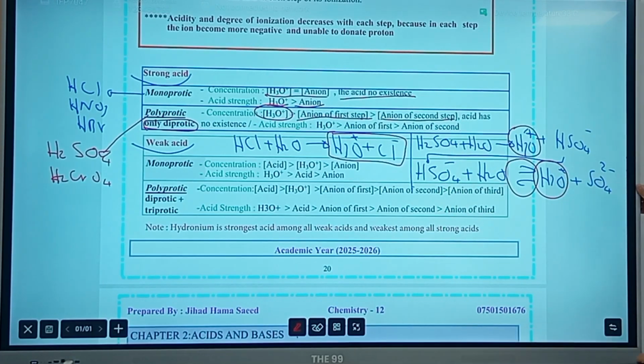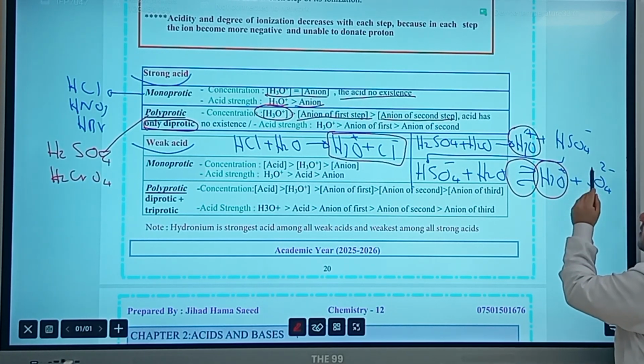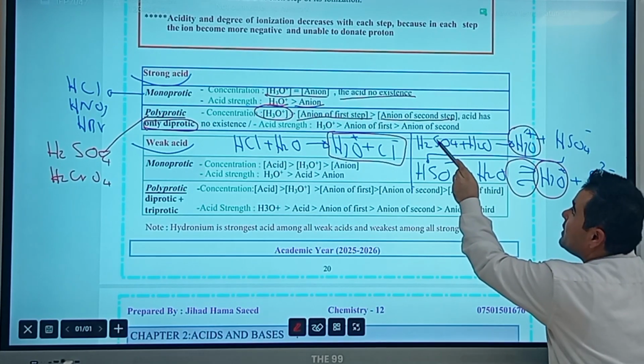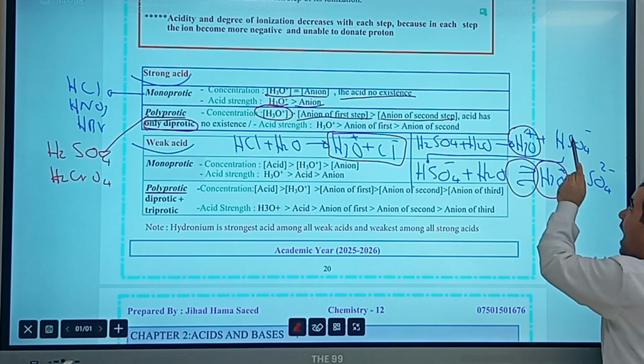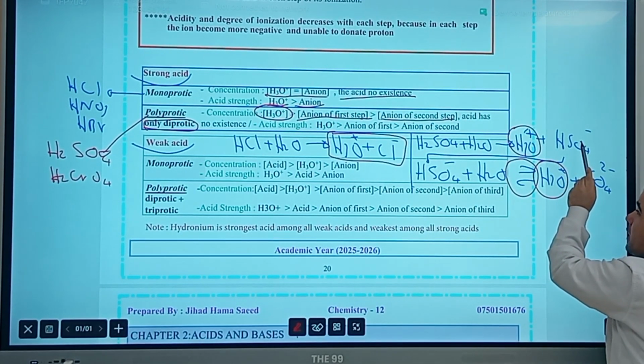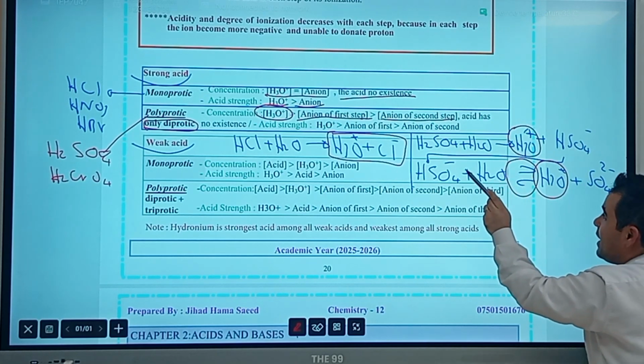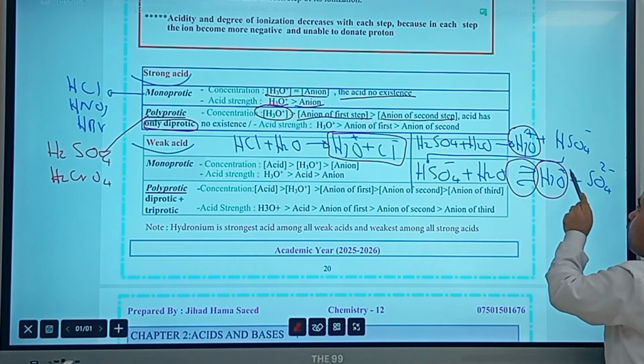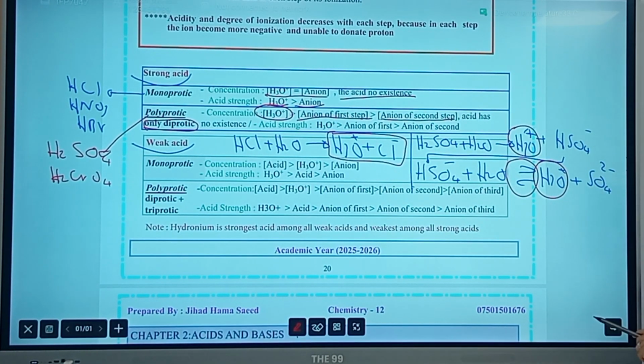That will be the order of the concentration. Why anion of the first step and then second step? Because this acid is strong and produces a high amount of HSO4 negative, and then HSO4 negative is weak and will produce a lower amount of sulfate than HSO4 negative.